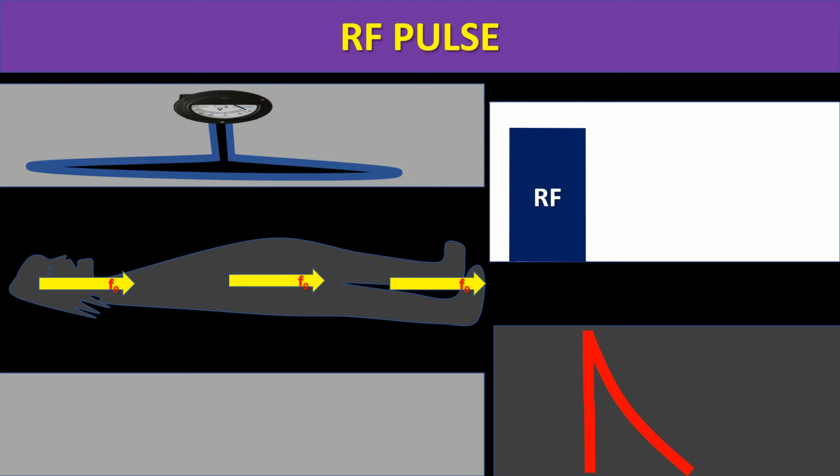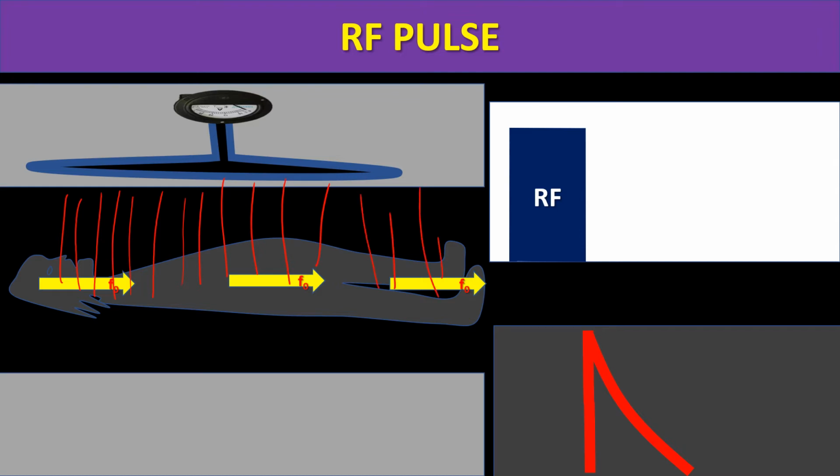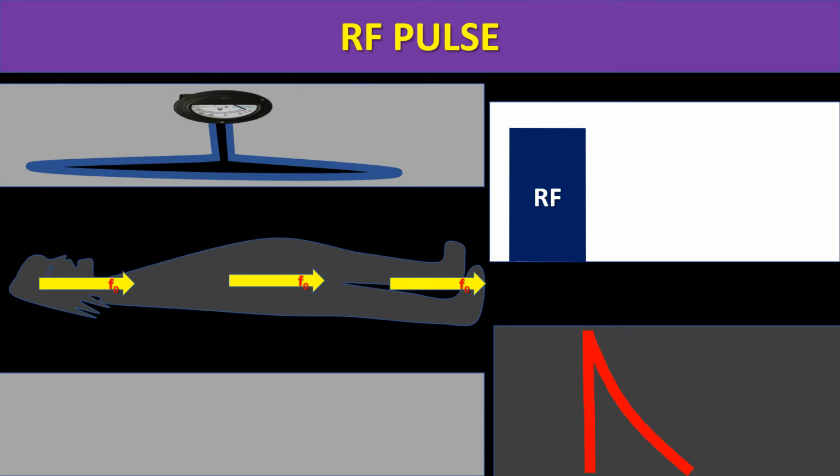But what exactly happens? Whatever information we measure in this RF receiver is coming from the entire body. Now we get a signal, and this signal is a net magnetic field. But this amplitude will not give us any image. To make an image out of this amplitude, we make some changes.